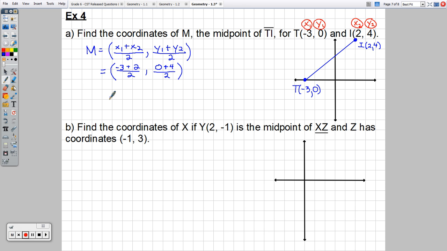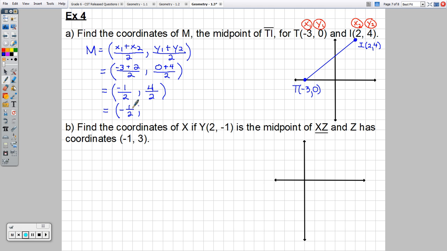And then just simplify those fractions. We've got -1 on the top here over 2. And this one we have 4 over 2. -1 over 2 doesn't simplify anymore, so I can just leave it like that. -1 over 2, I can just write the negative sign out in front.